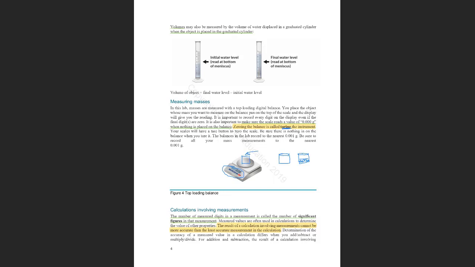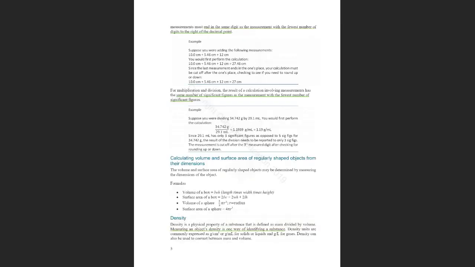Once you have your measurements written correctly, depending on which instrument you use, if you use a burette with the correct amount of sig figs, you need to learn to do calculations and express your answers with the correct amount of sig figs. So it will be different if your calculation is adding or subtracting, or if it is multiplying or dividing.